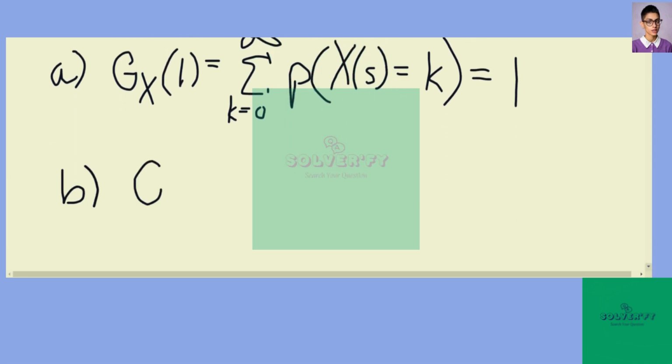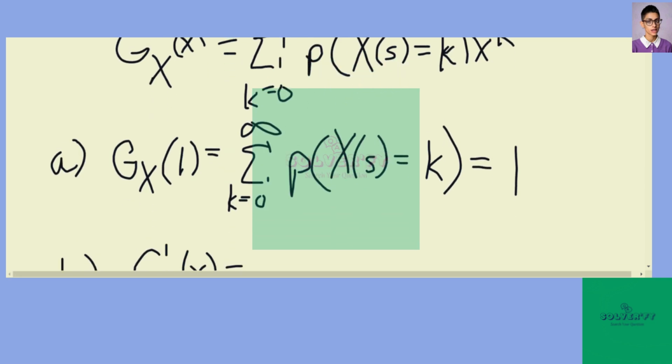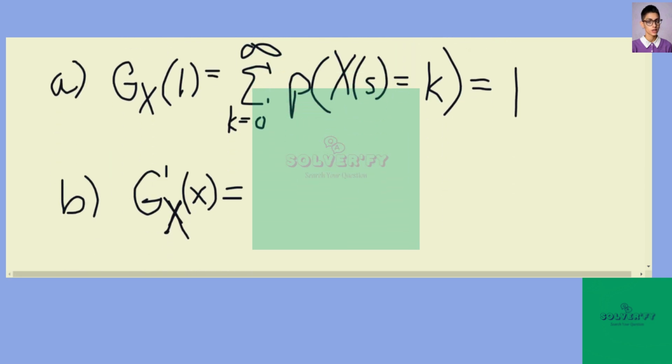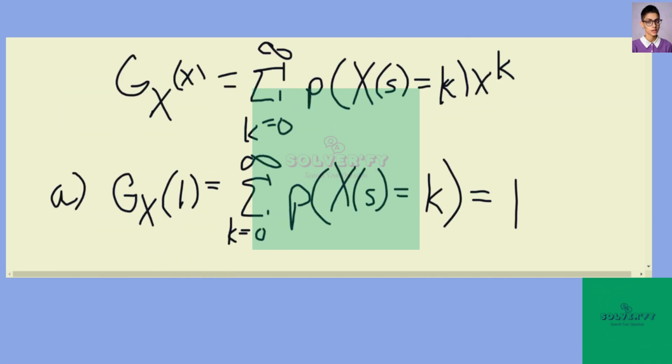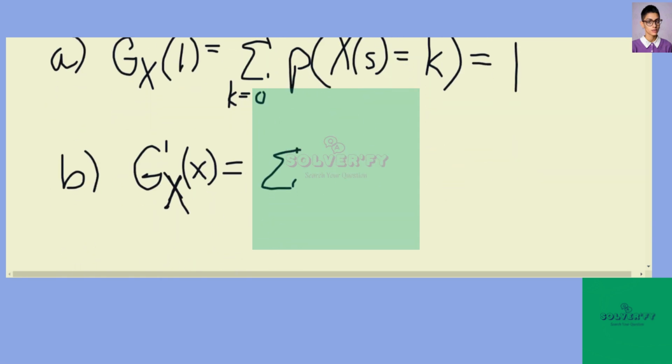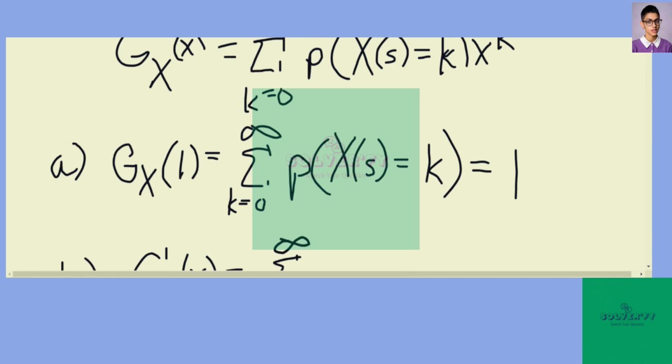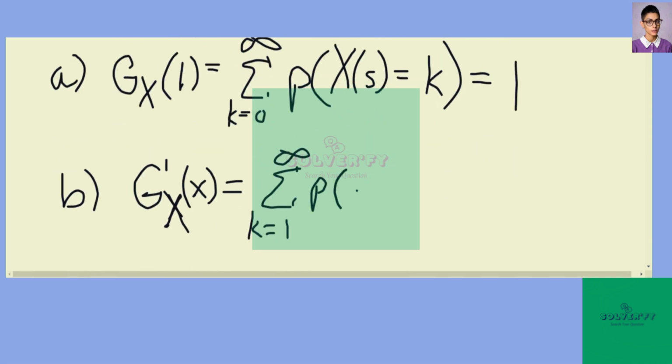So we have that the derivative of G_X at x is equal to, if we differentiate term by term, the sum, and here I'm going to omit the first term since it's a constant, so this is the sum from k equals 1 to infinity of the probability that X(s) equals k times k x to the k minus 1.